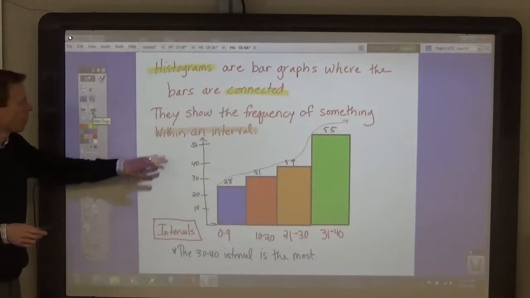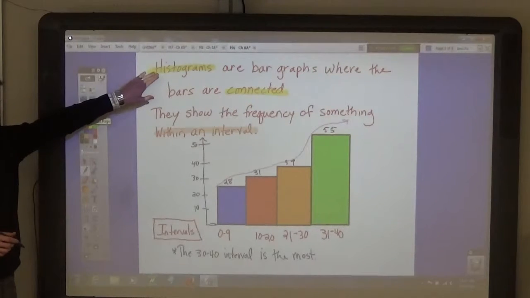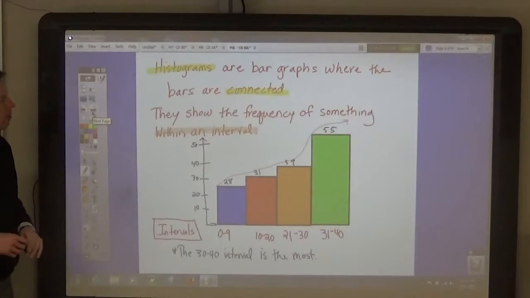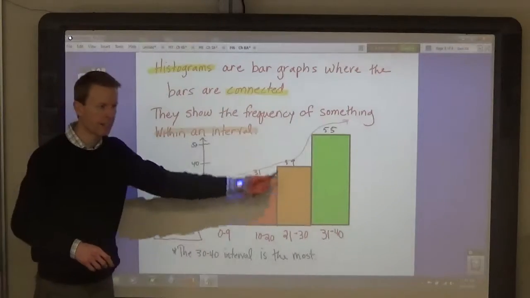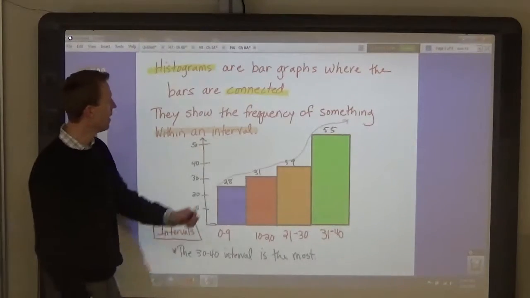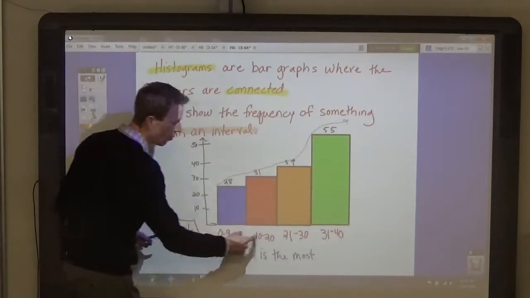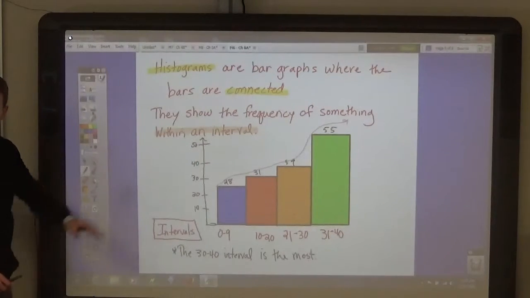Another way or type of graph to show is called a histogram. Histograms are bar graphs where the bars are connected. And they show a frequency of something within an interval, within a group. Okay? Copy this down.